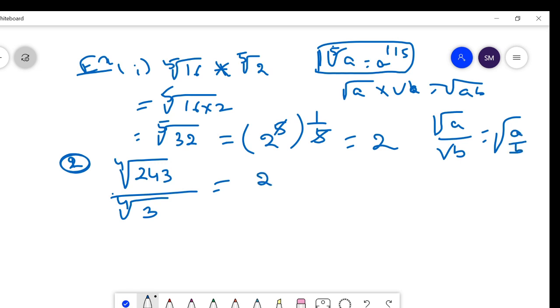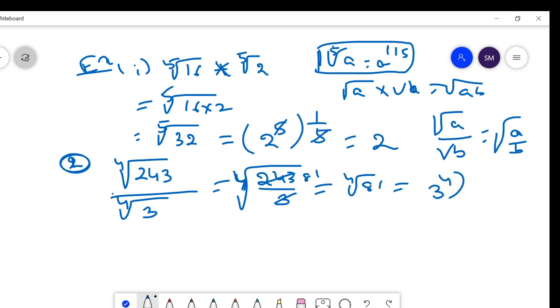In this way, 243 upon 3 whole root 4 is equal to root 4 of 81. 81 can be written as 3 to the power 4. Root 4 means 1 upon 4. 4 cancels, we get the answer 3.